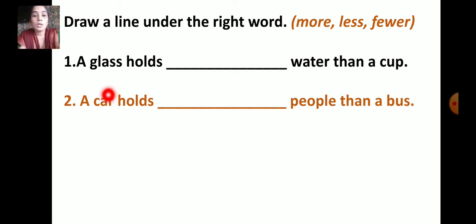So a glass holds dash water than a cup. Glass is bigger than a cup. So a glass holds more, or less, or fewer? A glass holds more because it is big. So glass holds more water than a cup.